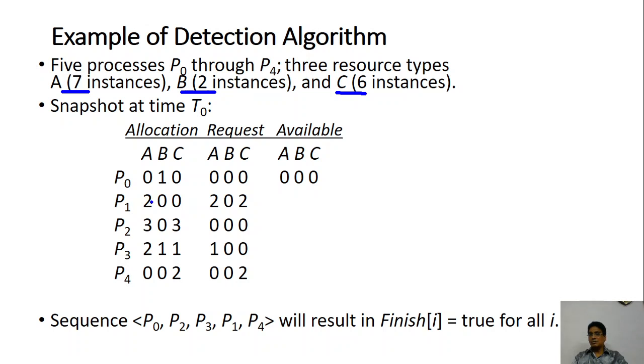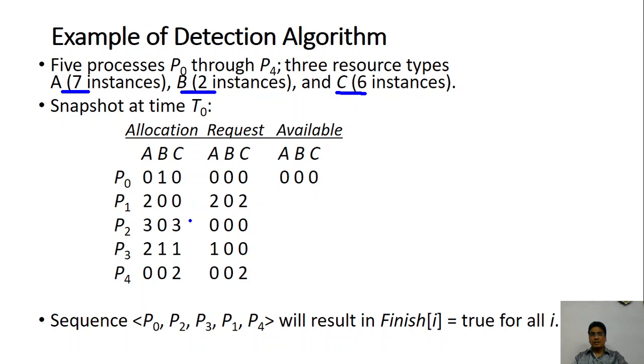P1 is given 2 instances of A, nothing of B or C. P2 is given 3 instances of A. Remember, out of 7, 2 are already given, then 3 are given, so remaining 2. And of B, nothing has been given, and of C, 3 instances.